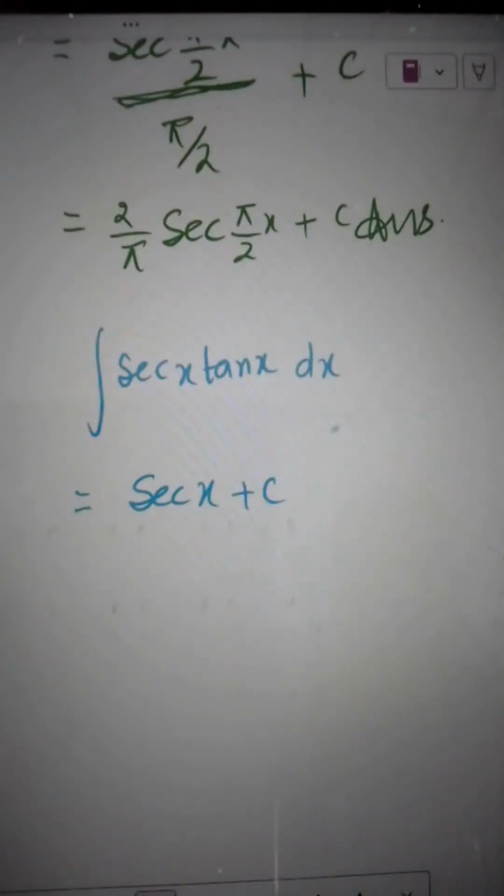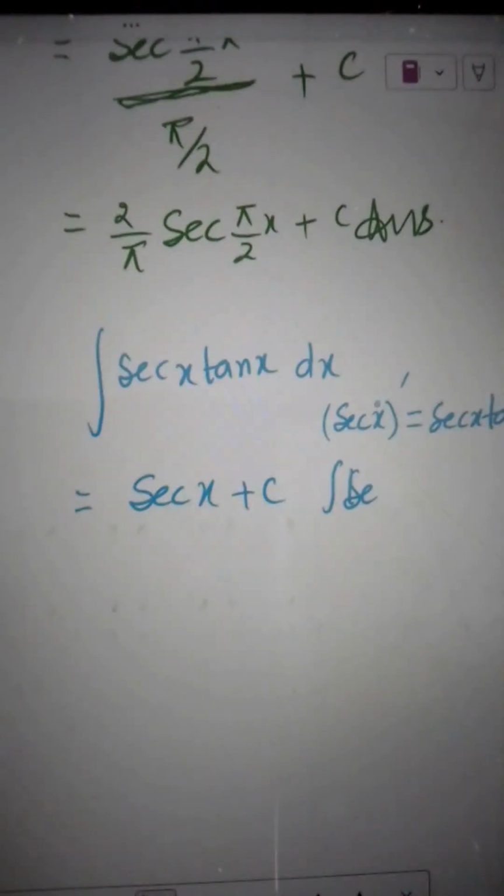You know how this is done? What is the connection? The derivative of secant is secant tan. This is the knowledge coming from the topic of differentiation, and now we do the reverse process, right? Earlier we had secant, so we transformed it into secant tan using the differential operator.